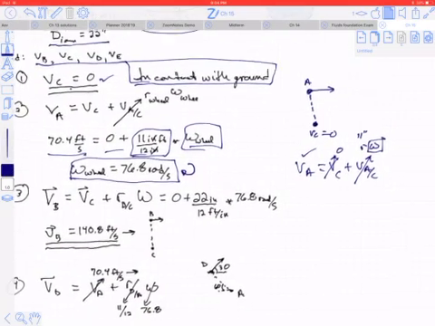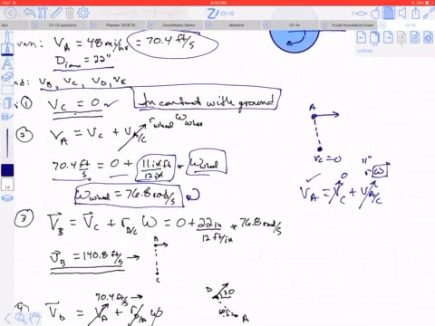So let's walk along. I decided to find VB with respect to point C. So that's like moving up here. Here's B. I'm going to go from C to B. So VB equals VC plus the distance from B to C times omega. We know all this. VC is 0. The distance from C all the way up to B is 22 inches.